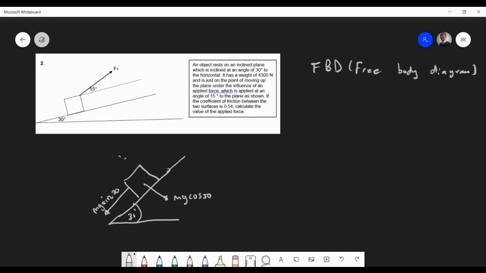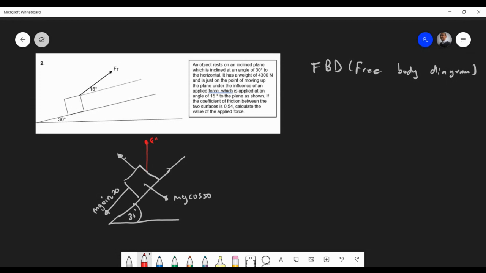Of course, we've got the applied force here, but what I'm going to do is split that force into components. I'll sketch the force in another color.